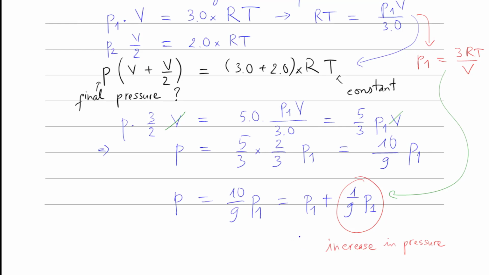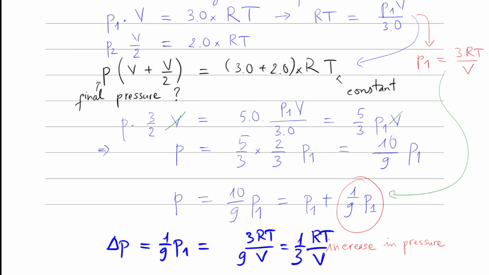Okay, so the increase in the pressure, delta P, equals 1/9 of P1, and because P1 is 3 RT over V, then divided by 9, we divide 3 by 9, and we will get 1/3 of RT over V.